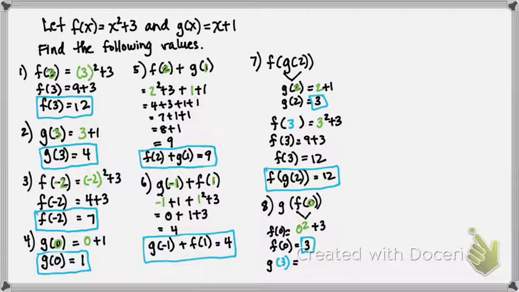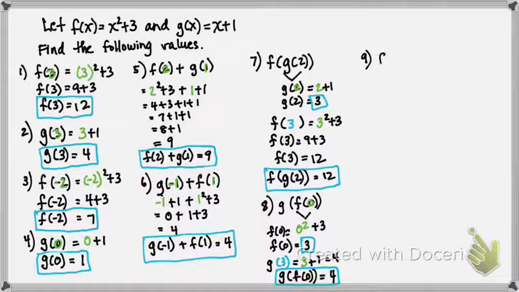And then every time we see x, we're going to put in 3. Alright, so this equals 4. So I can go back to the very beginning and say the value of function g at the value of function f at 0 is equal to 4. So 4 would be the output of that combination of the functions. Let's see. Alright, I've got 2 more, and then we'll call it quits.